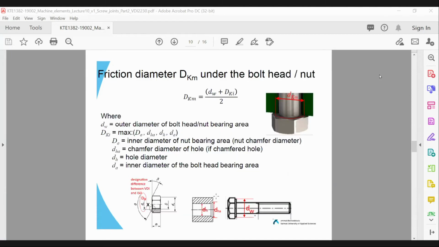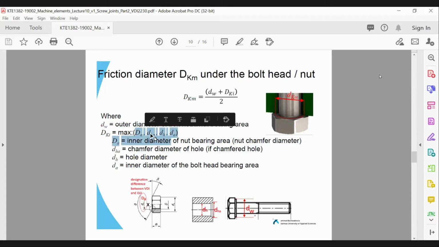So you can use this maximum value as well, but if you want to make it exactly precise, you could use the minimum value of these in the equation, because now we are trying to get the minimum diameters to achieve the maximum preload, and therefore the minimum diameters for this contact surface would apply.